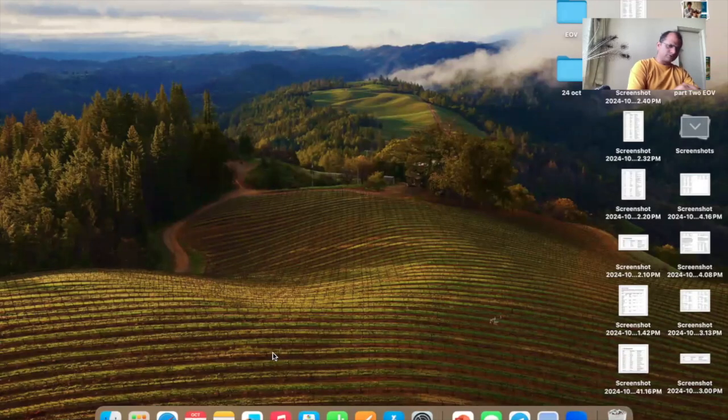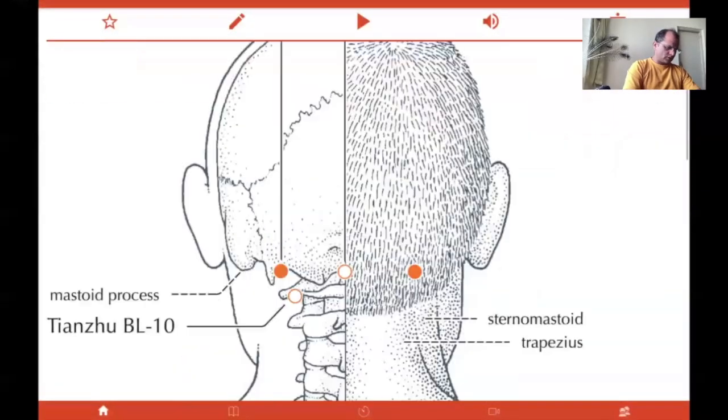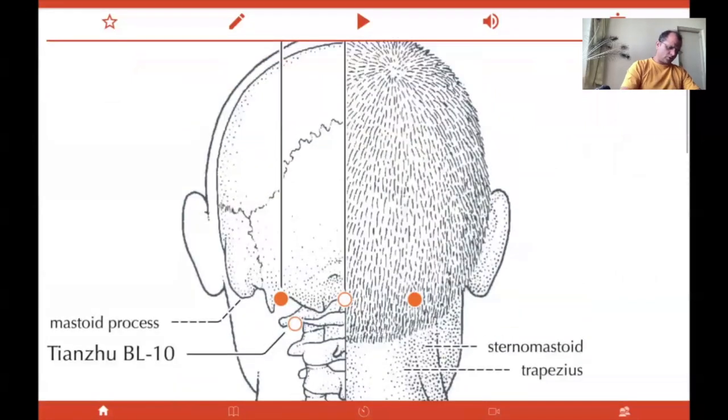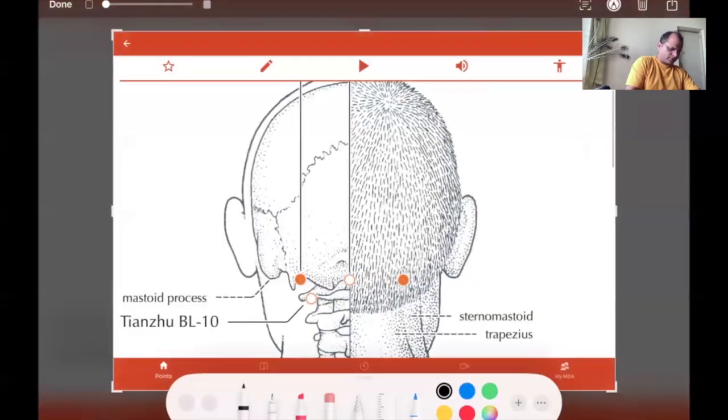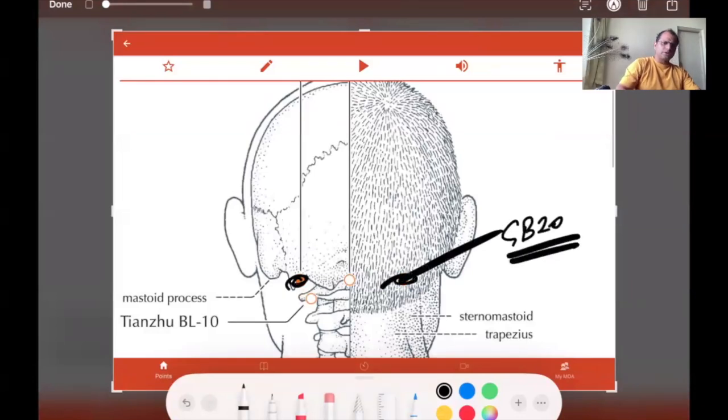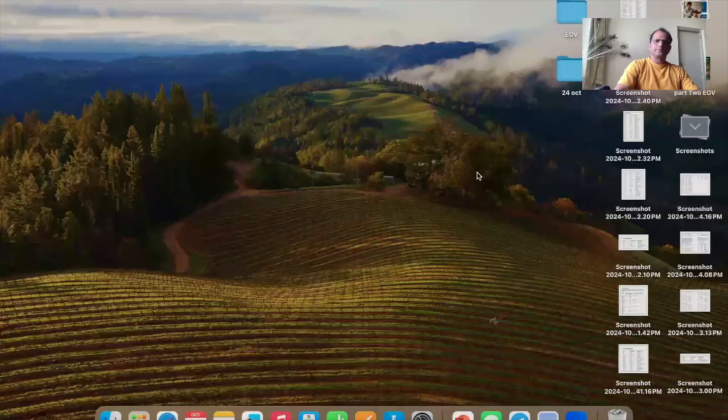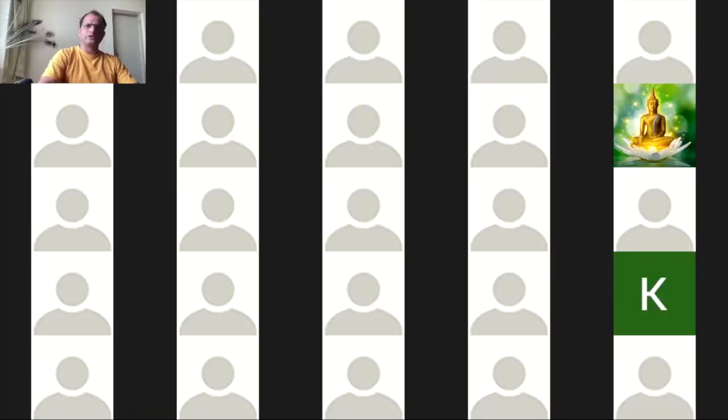Most effective points and very effective points. Gallbladder 20 is a very effective point for this problem. Gallbladder 20 is on the sides, you can feel the depression here. आप यहाँ पर side में feel कर सकते हैं.